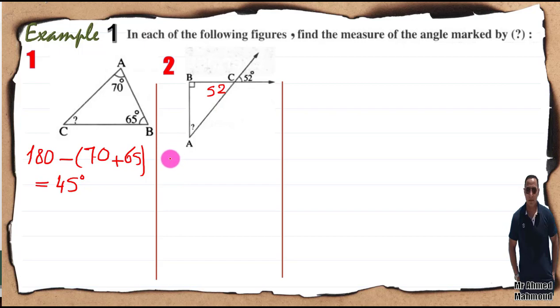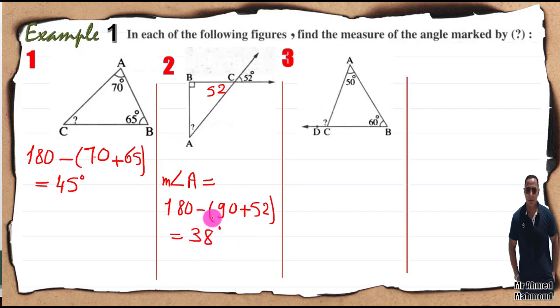So here we have 52 degrees. So measure of angle A equals 180 minus open brackets 90, don't forget this is 90 degrees, plus 52 equals 38 degrees. Next, this angle is an exterior angle, so I don't take this one, I will take the two non-adjacent interior angles, 50 and 60.